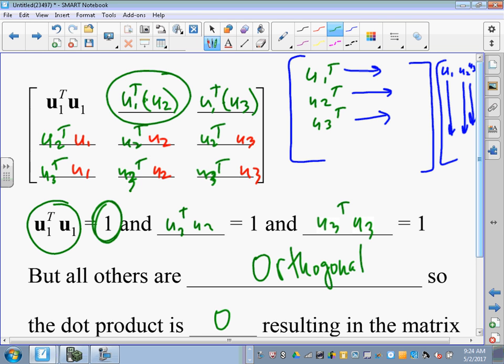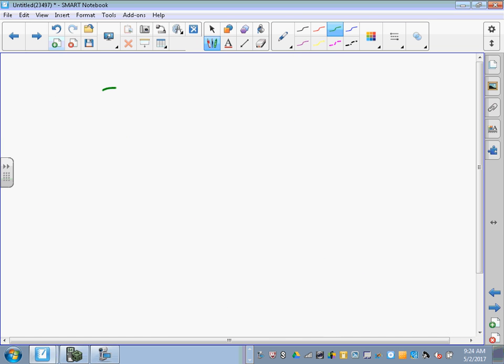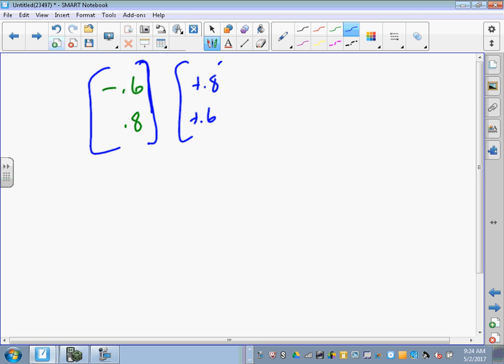They're still orthogonal, but they're no longer orthonormal. Does that make sense? So I'm thinking about negative 0.6 and positive 0.8, and positive 0.8 and positive 0.6. Those 2 vectors are orthogonal and orthonormal.